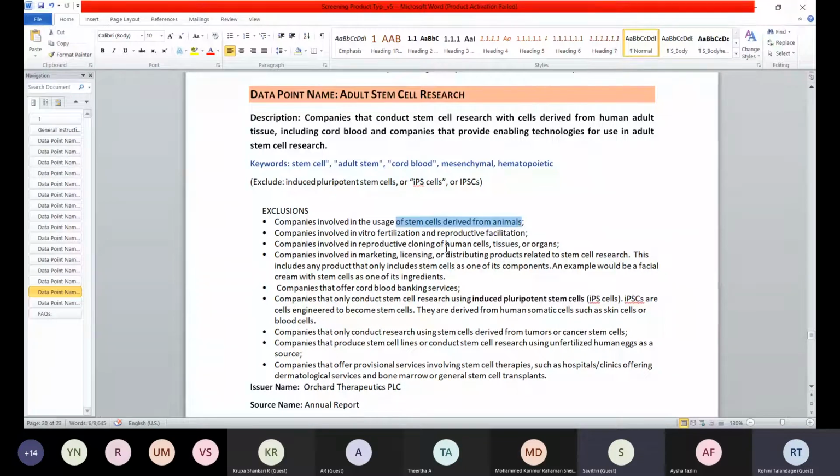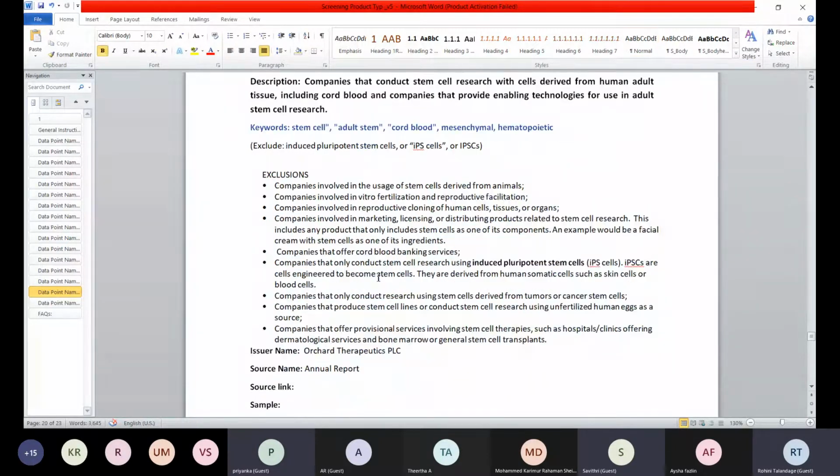So in this case we have to mark it as no, because we have the keyword stem cell. If you are searching with the keyword stem cell, you will get hits like this, which is derived from animals or anything. So if you are searching with the keyword, you have to check whether they are doing research on cells derived from human adults or not. So these are the exclusions for which we have to mark it as no.